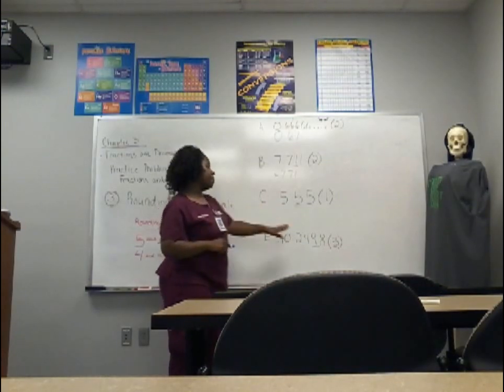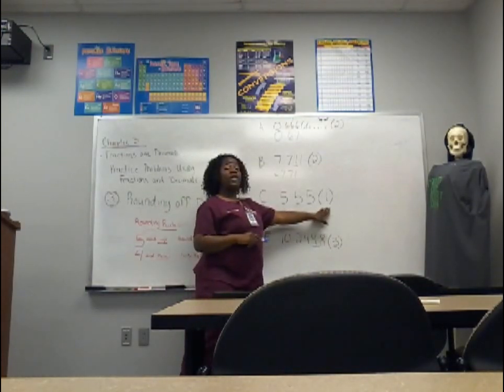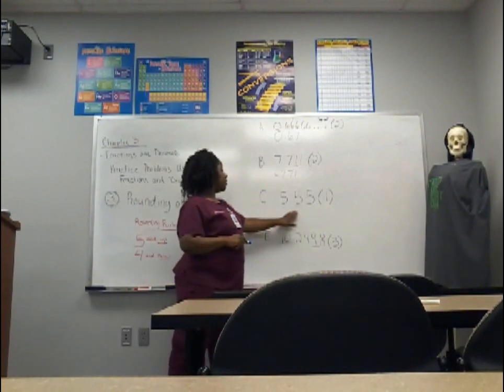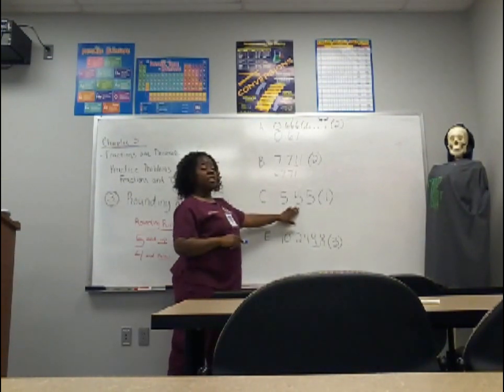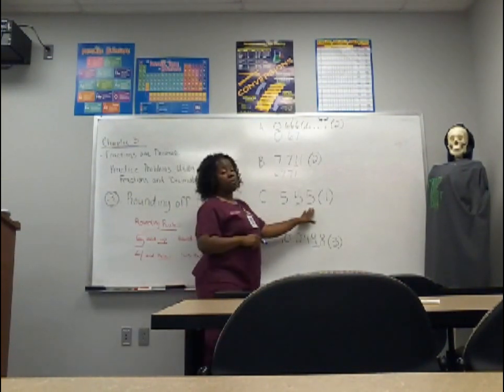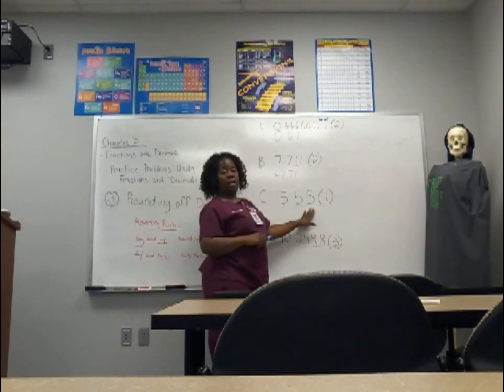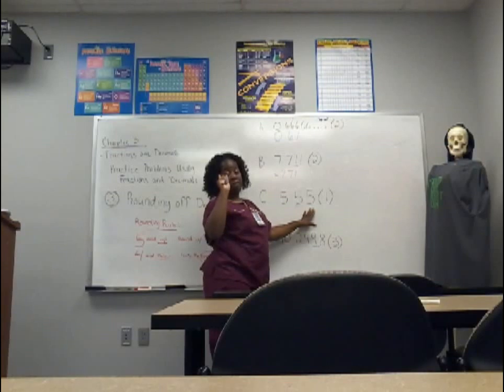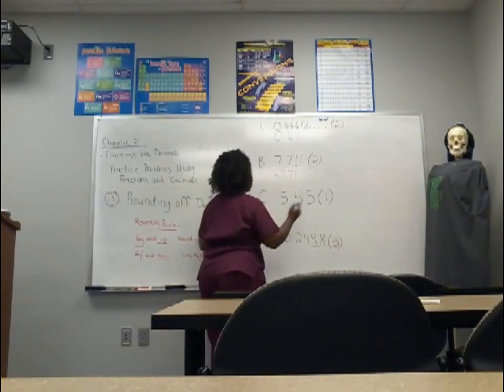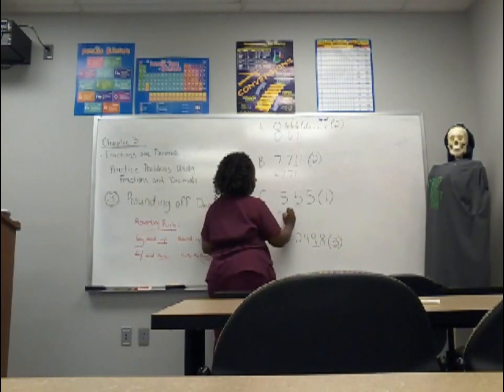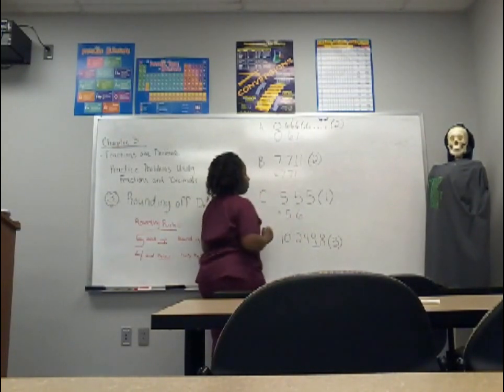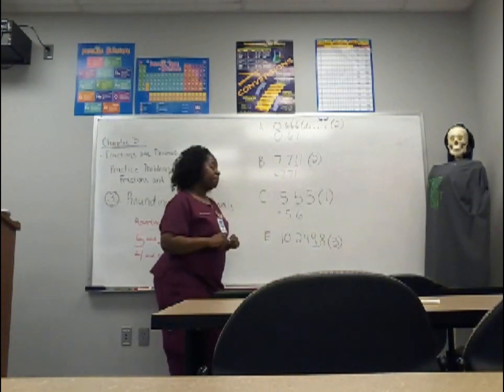With C, we're going to do 1 place behind the decimal. As you can see, the 1 place behind the decimal is a 5, and even the number next to it is a 5. Again, any number that is 5 and above, we're going to round up. So it's 5.6. We don't care for the others.